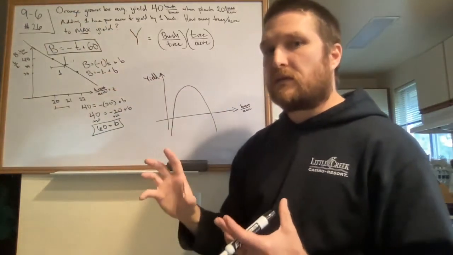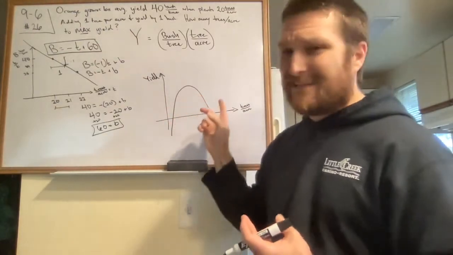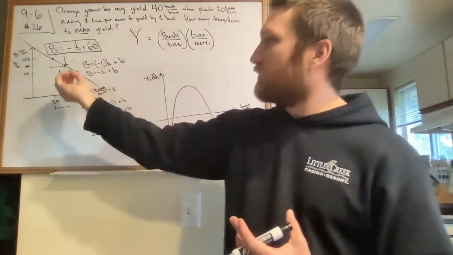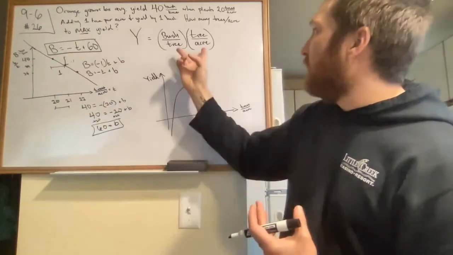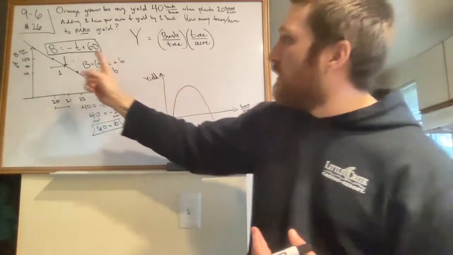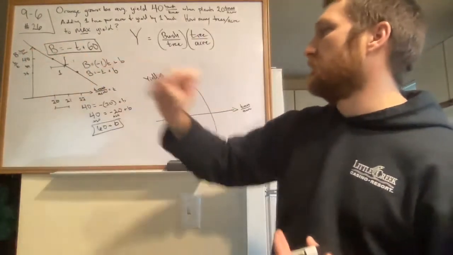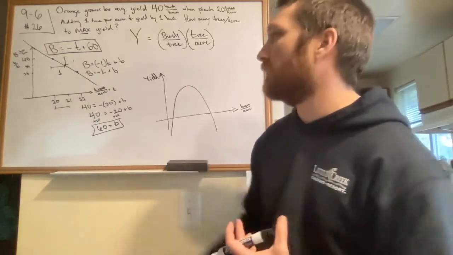This is kind of a two variable problem, because you have bushels per tree and trees per acre. What we've just done is write bushels per tree in terms of trees per acre, and so we've reduced this down into a one variable problem.